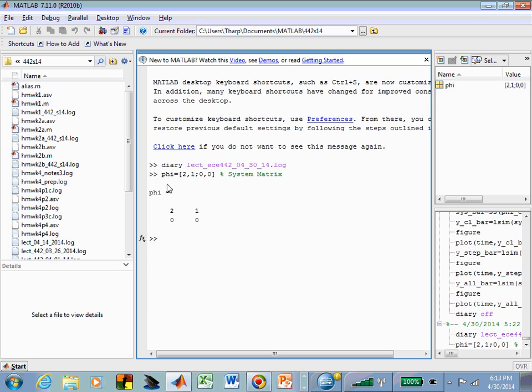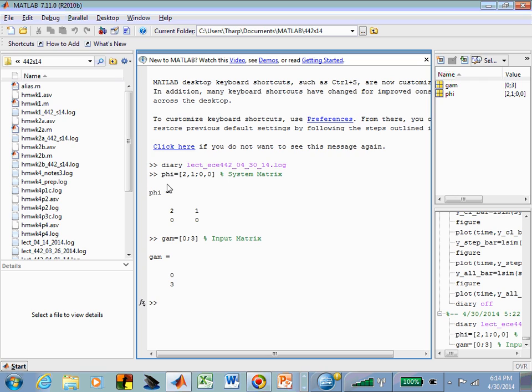That was our system matrix. Our input matrix was 0, semicolon 3. And we wanted our closed loop poles, let's say desired poles, to be at 0.8 plus j times 0.2, semicolon 0.8 minus j times 0.2.